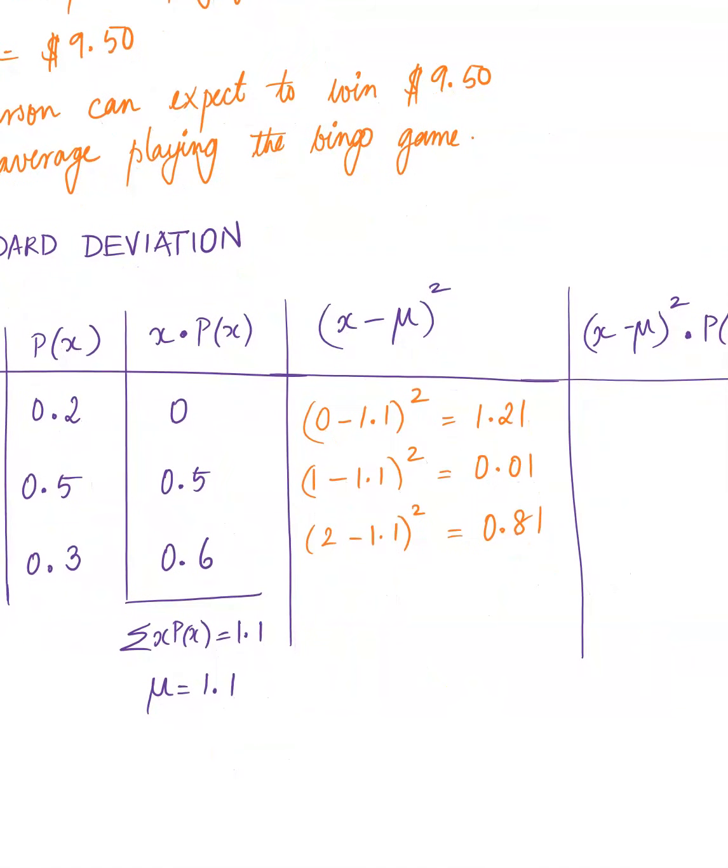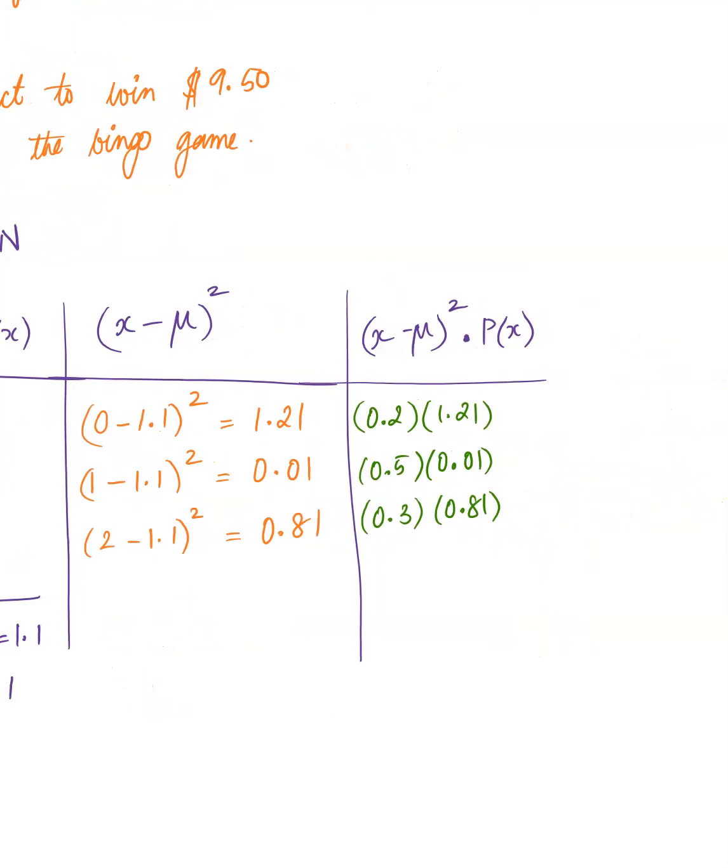So we have 0.2 times 1.21, 0.5 times 0.01, 0.3 times 0.81. I hope you're able to follow that.